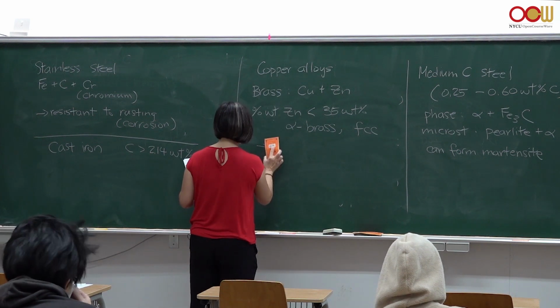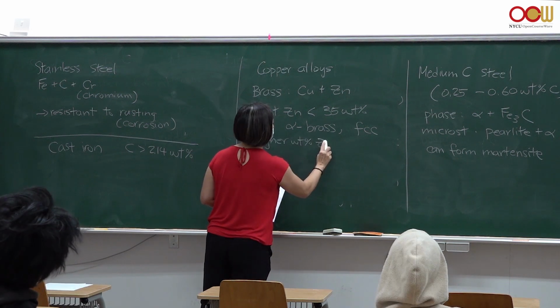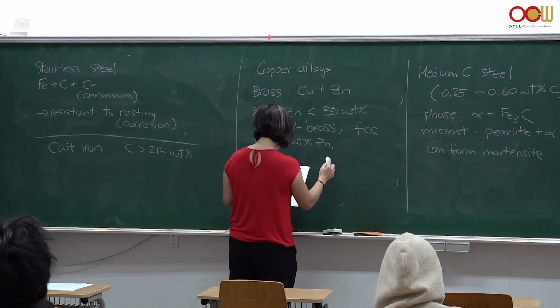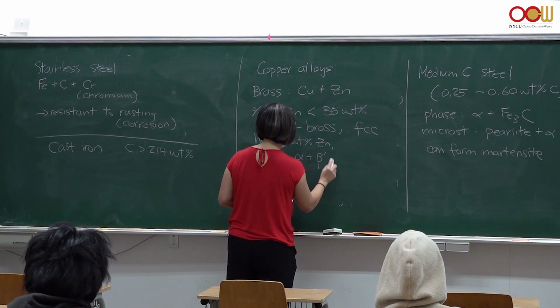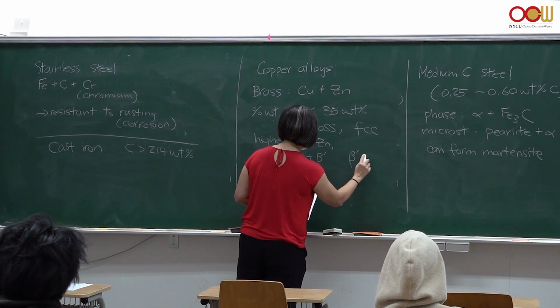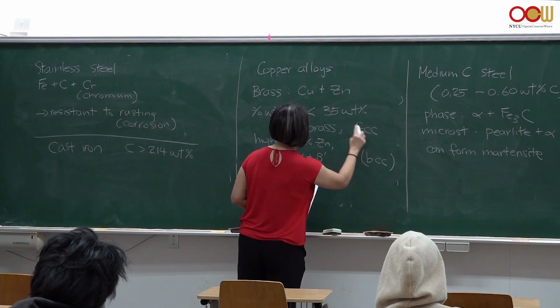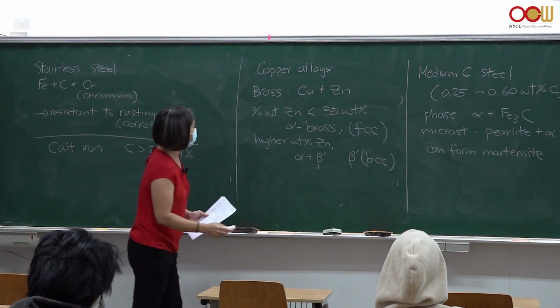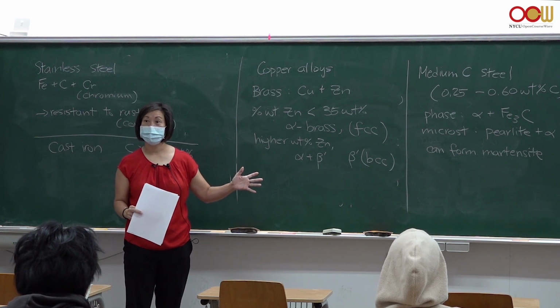And if you have higher weight percent, you have something that is alpha plus beta prime, and beta prime is BCC. Okay? So you have two different kinds of brass depending on how much zinc you have.